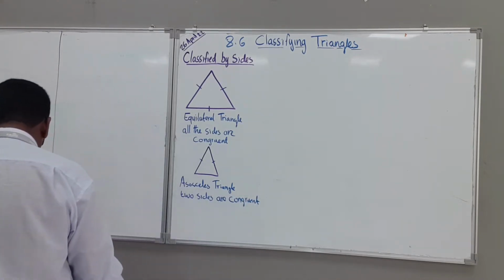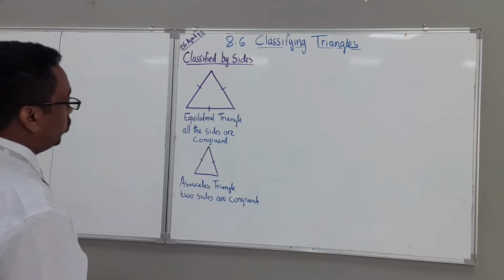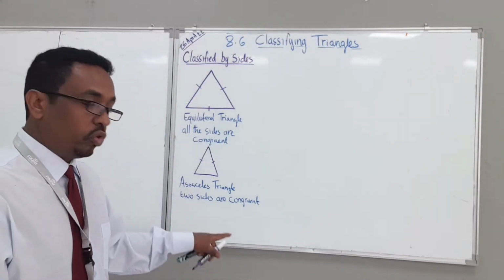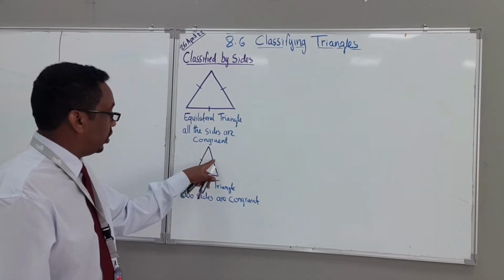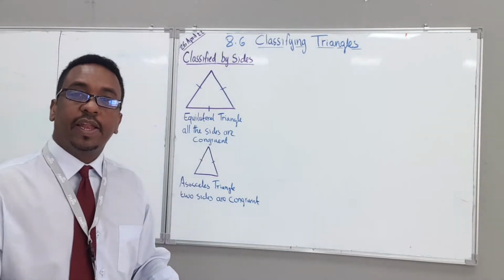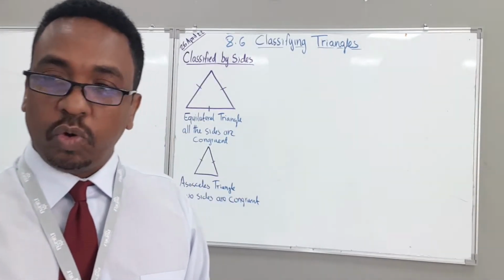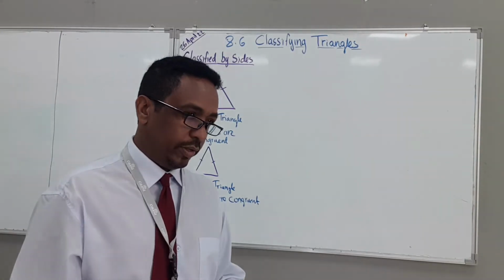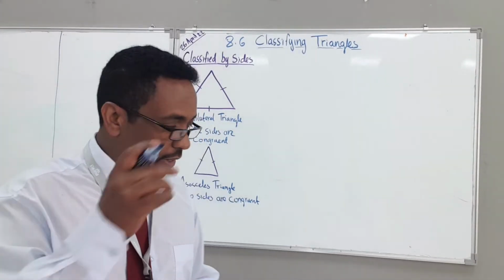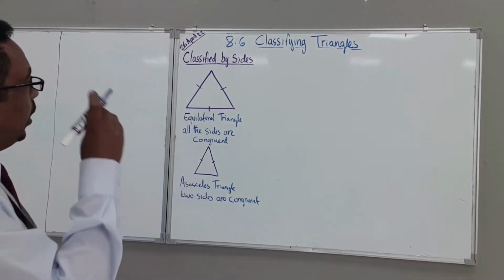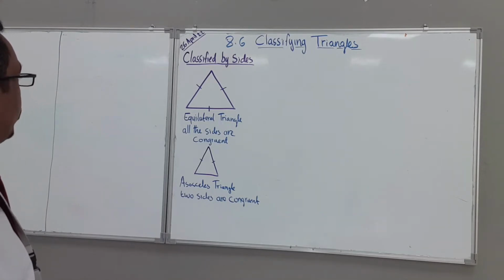How do we show two congruent sides? We just mark them with these little lines to say at least two of the sides are congruent. Is that clear, boys? Yes. Good. Thank you.